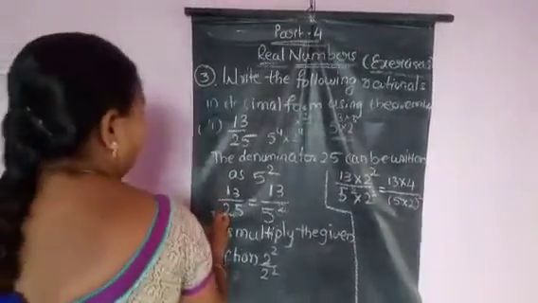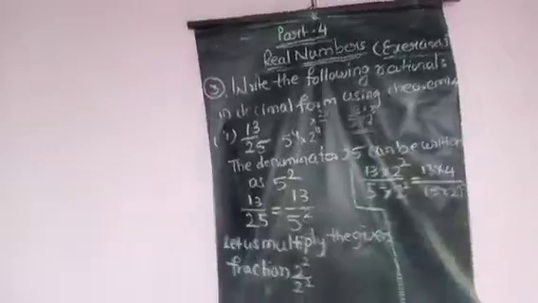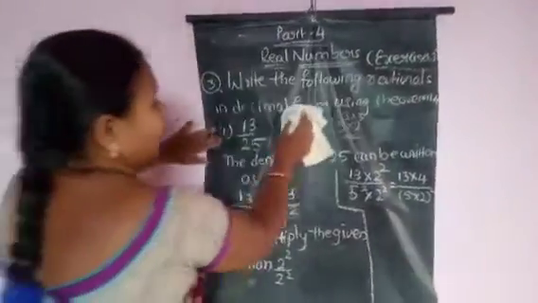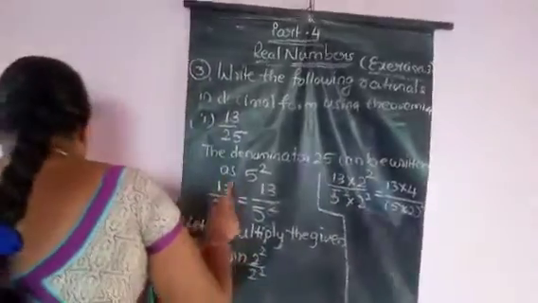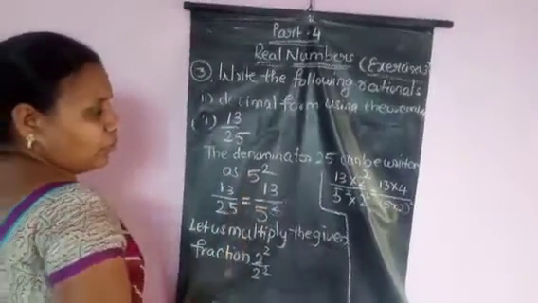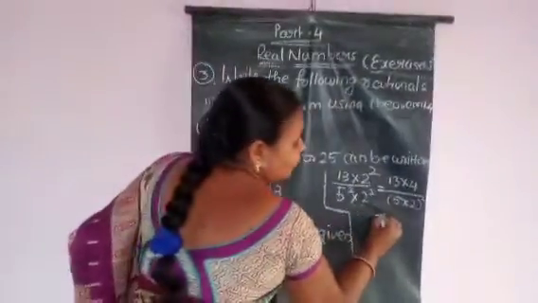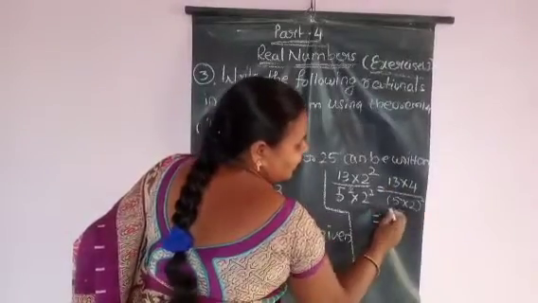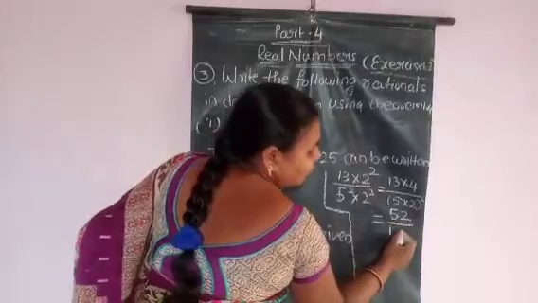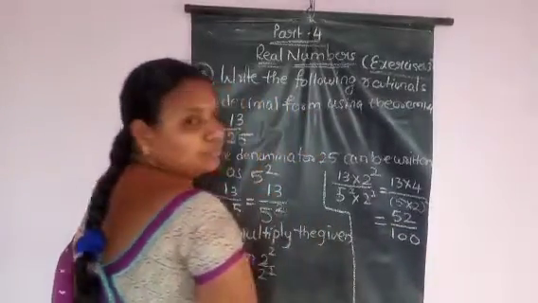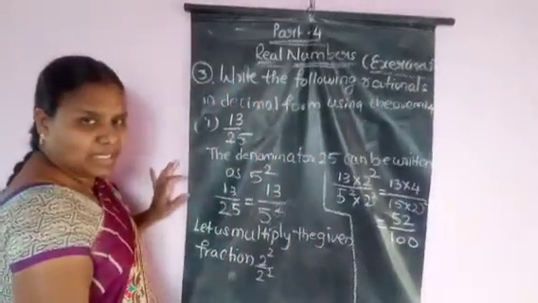Okay. In this case, the denominator is 5 to the power of 2. So I have multiplied the given fraction by 2 to the power of 2. So now 13 fours, it is 52 by 10 to the power of 2, that means 100. 52 by 100.